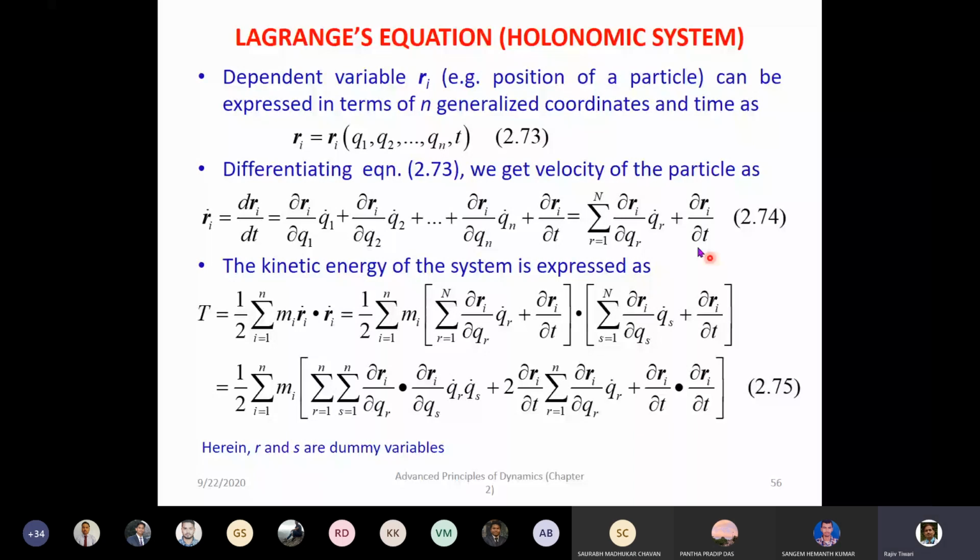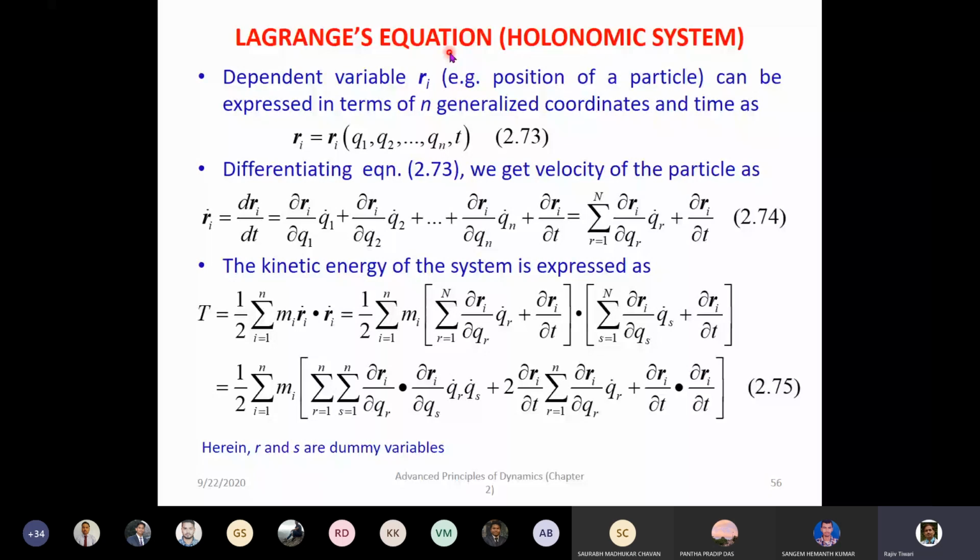Today, initially, we'll derive the Lagrange's equation for holonomic system. So we have a dependent variable, that is r_i, which is nothing but the position of a particular particle. r_i is the position of the particle, and this position will depend upon the generalized coordinates.